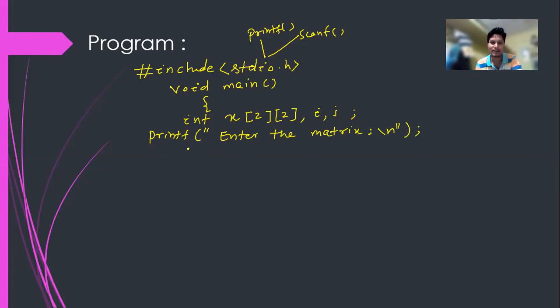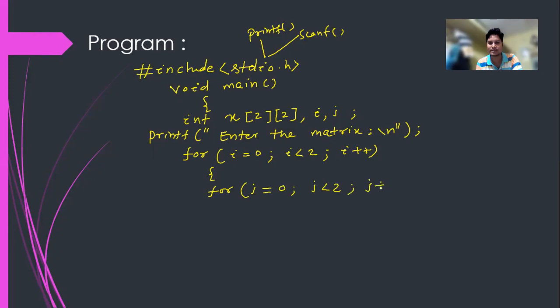So now I'm using for loop: for i equal to 0 semicolon i less than 2 semicolon i plus plus, opening curly bracket. Again for j equal to 0 semicolon j less than 2 semicolon j plus plus within bracket, then opening curly bracket.